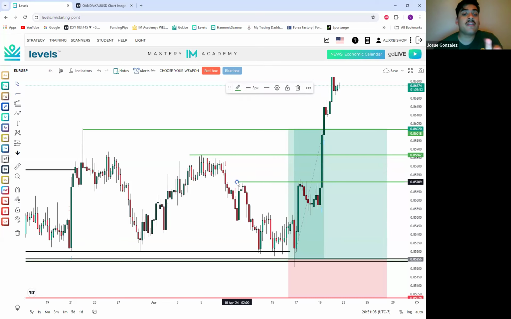This is a perfect example of what I was asking about earlier. There's three pullbacks. However, there's only two take partial zones.